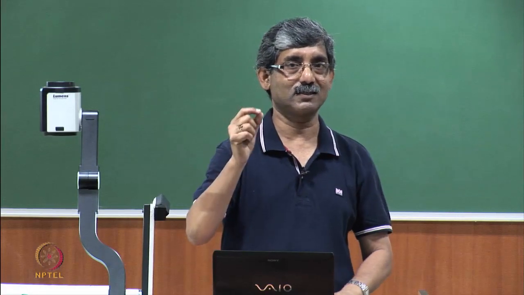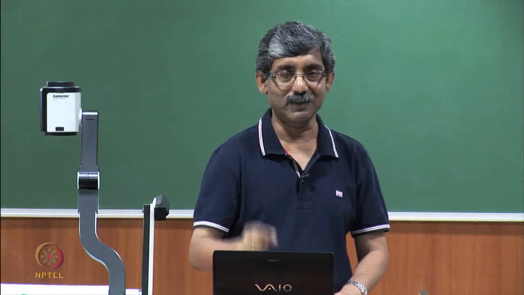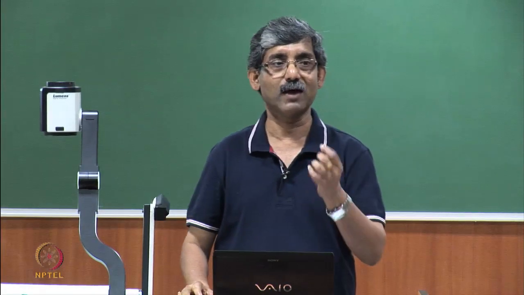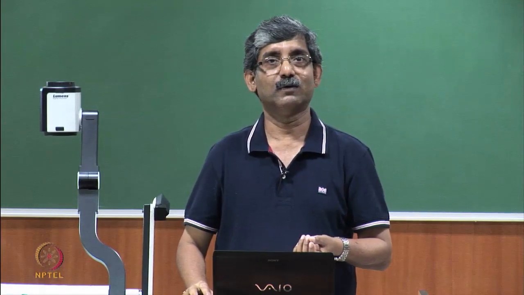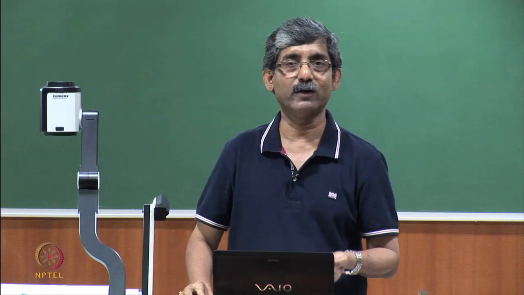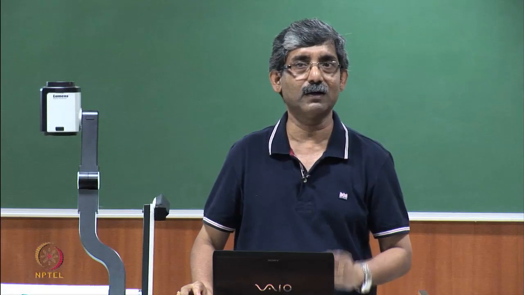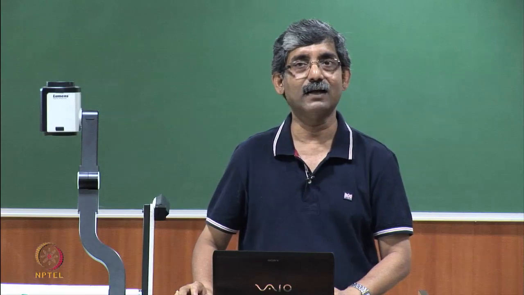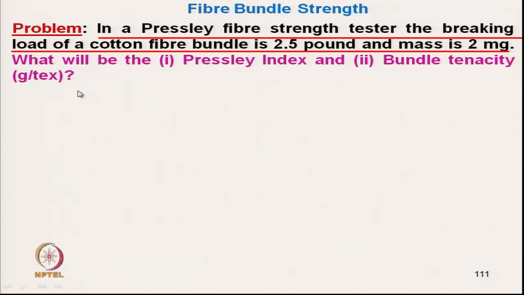So, in this test always after testing we take the mass of the bundle. Okay. So, the cotton bundle breaking load is 2.5 pound and the mass of the bundle is 22 milligram. What is the Pressley index and bundle tenacity in gram per tex? So, this is the question.